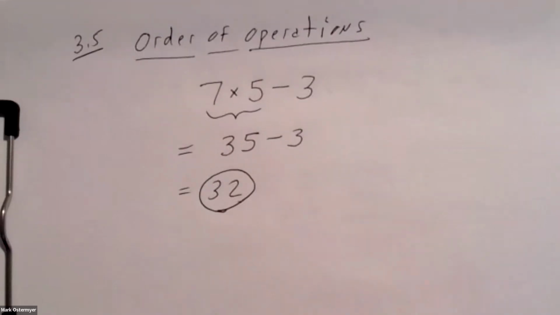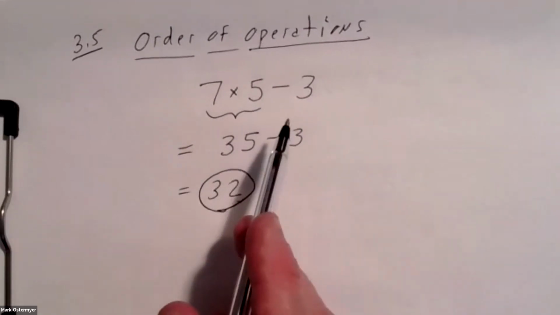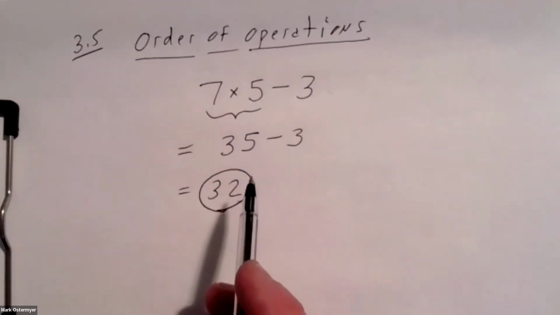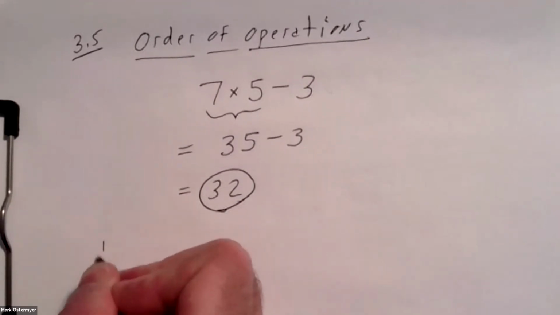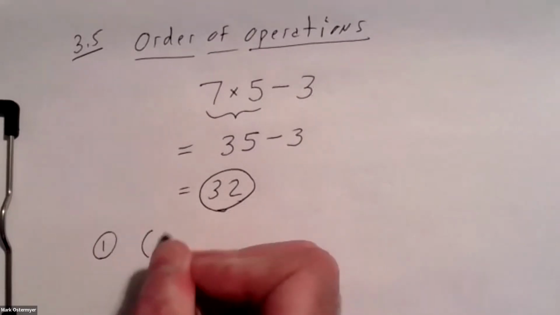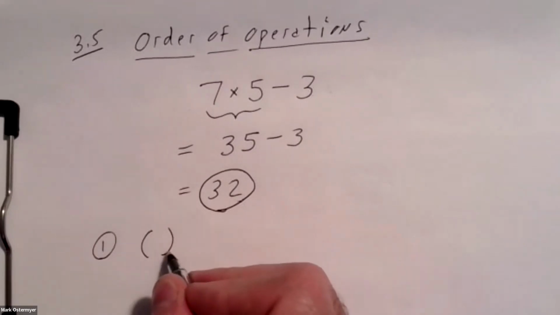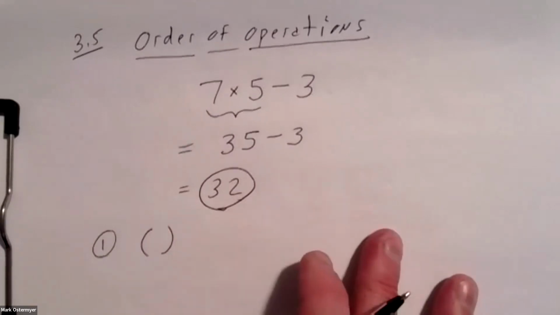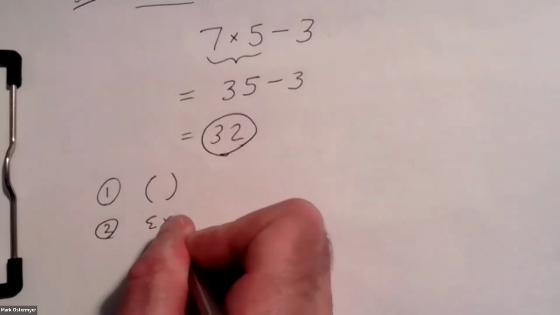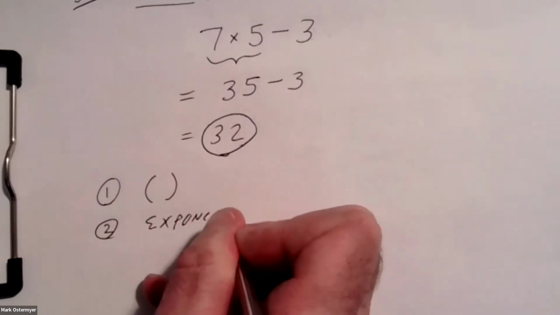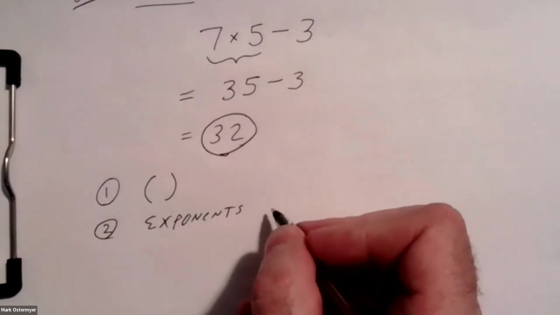What is this order of operations, which guides us as to how we are to simplify numeric or variable expressions? Step number 1, ladies and gentlemen, we're always searching for things inside parentheses. Anything inside parentheses receives the number 1 attention. Secondly, we look for exponents. Exponents receive the next level of attention.